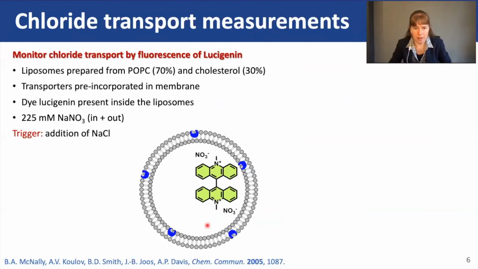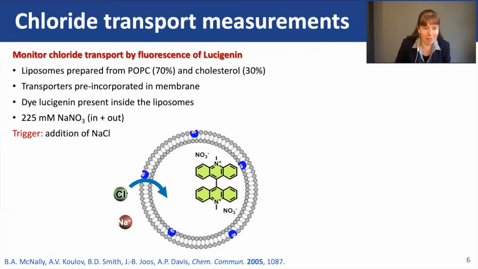Then we see here the fluorescent dye lucigenin that is encapsulated, and this dye lucigenin, its fluorescence gets quenched upon increasing concentrations of chloride. So we can add sodium chloride to the exterior of these liposomes to create a chloride gradient.